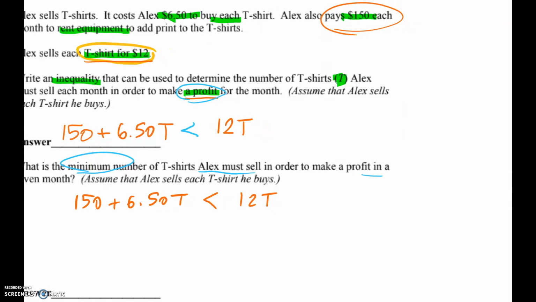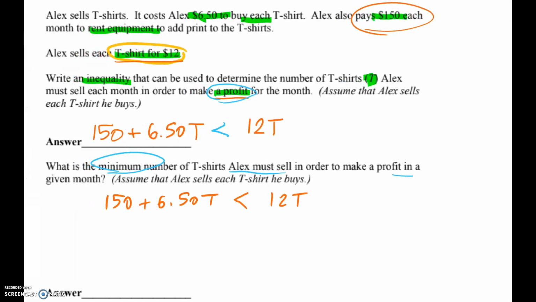First step, we need to put the variables together, so I can take away 6.50t from both sides. Now you got rid of this.